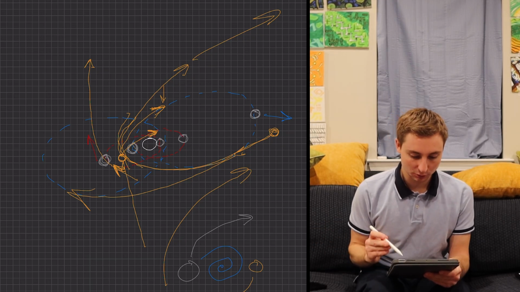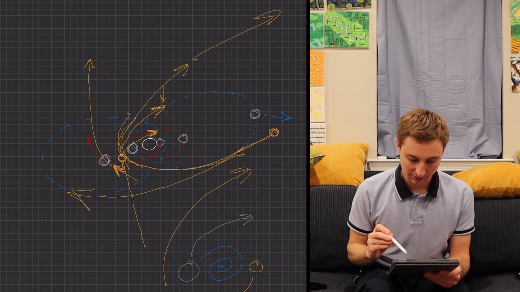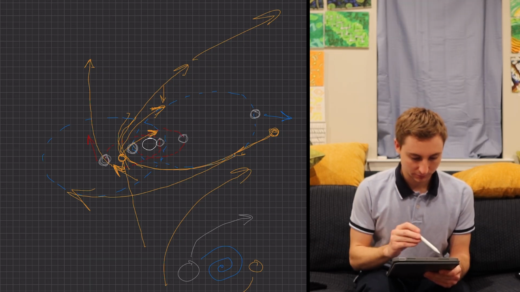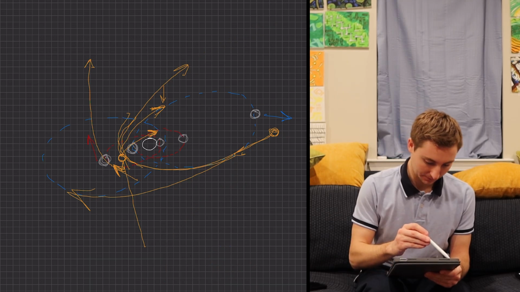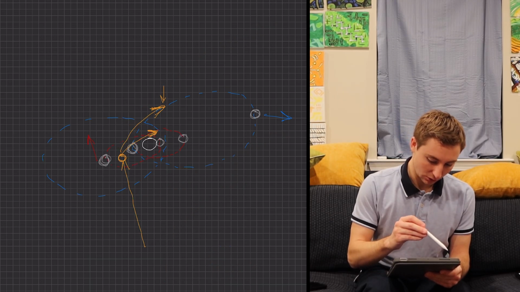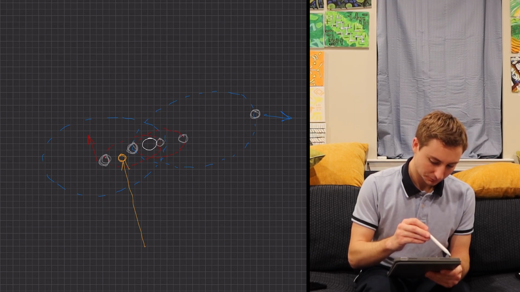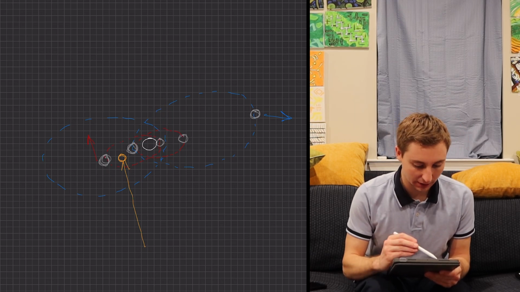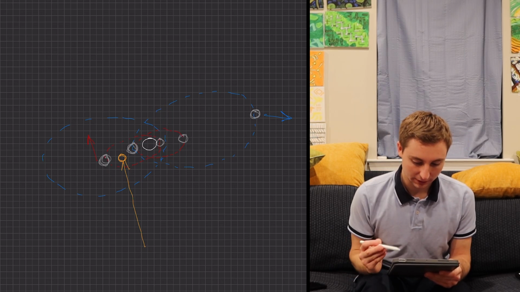And so we also observe, let me try and clean this up a little bit here. Maybe I'll just go backwards. And so we also observe, if this photon was to come in at this angle like this, right?